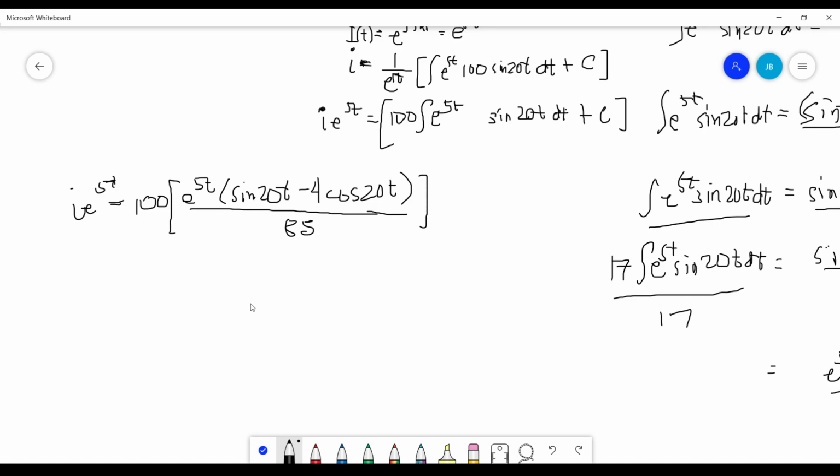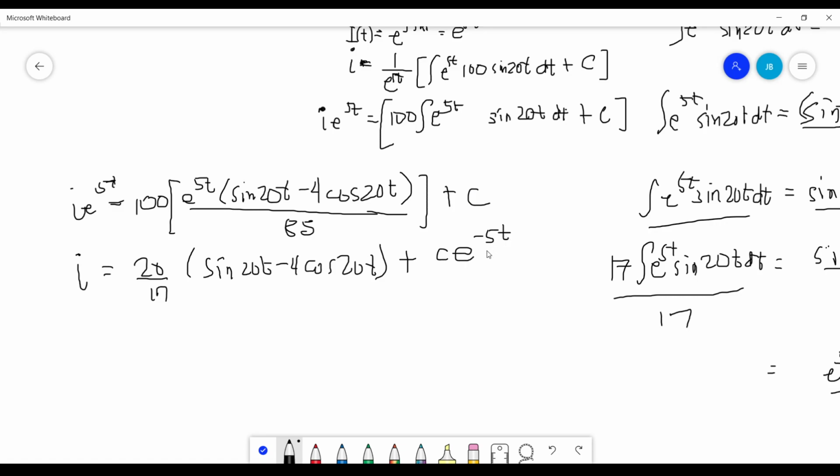Alright, so you will have I is equal to, dividing both sides by e^5t, it cancels, and what remains is 100 over 85, so that's 20 over 17 multiplied by sine 20t minus 4 cosine 20t, plus, we can't forget plus C, of course, C e^negative 5t. When you divide both sides, the exponent becomes negative.